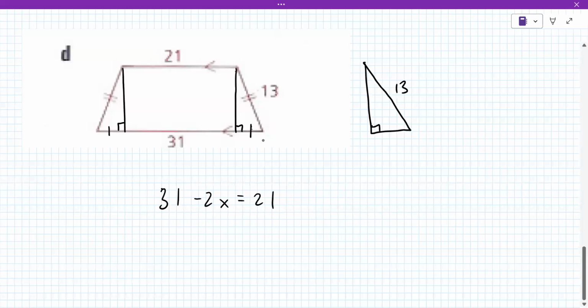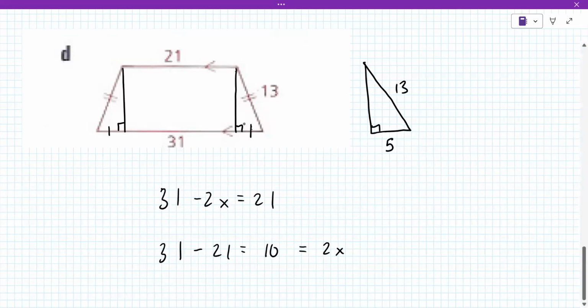Or you might think of it as 31 minus 21, which is 10. That equals the 2x, because the 21 is cut out, and you have 10 divided up equally among the 2 sides. So x equals 5.